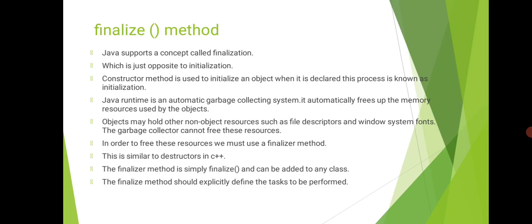How? In the C language we study dynamic memory allocation. In that we use the free function to release the memory which was allocated by malloc and calloc, right? Similarly, in C++ we use constructors and destructors. Constructors are the methods which construct the objects, that is, initialize objects, and they allocate memory, right?